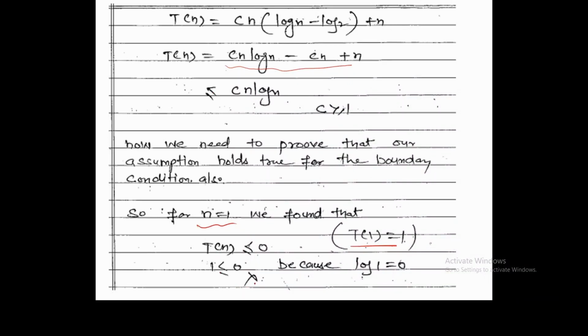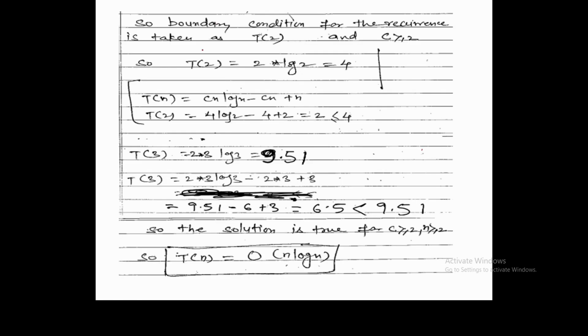So 1 less than or equal to 0 is not possible. So for n equal 1 our boundary condition does not hold. What we will do is simply move the boundary condition from 1 to 2. So the boundary conditions for the recurrence are taken as T(2) and T(3), and we take c greater than or equal to some value. So T(2) equals 2T(1) plus 2, which is 4.